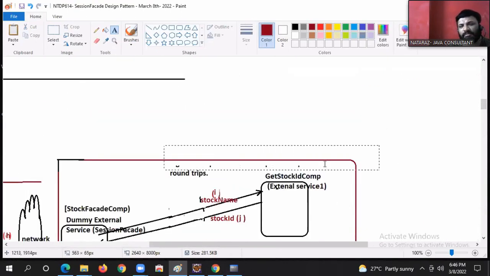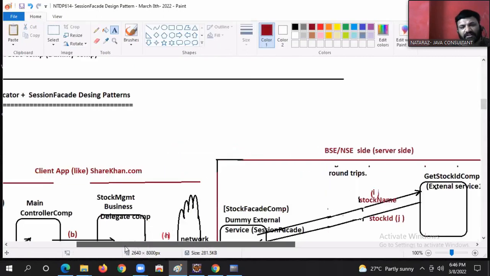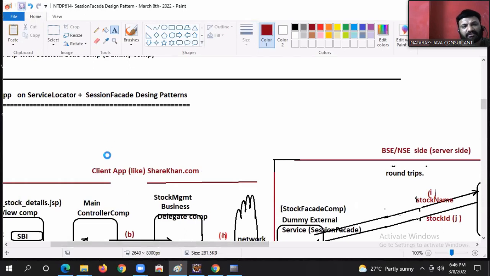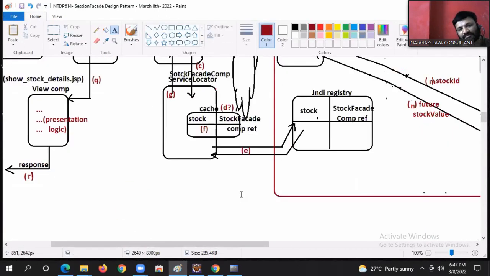This is like BSE or NSE, National Stock Exchange or Bombay Stock Exchange side. Okay, so this is the server side. What side, my dear? Server side. This is the client side. Convinced, my dear? Got the clarity? Understood my statement?